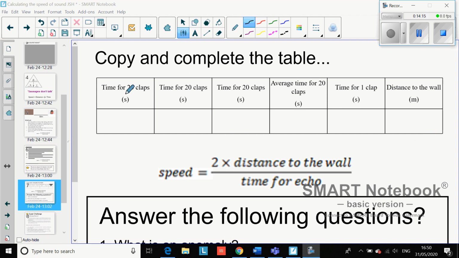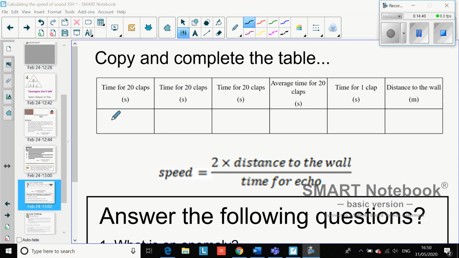So what you do is you do your 20 claps standing back from your wall, and you time how long it takes. And then you do the same thing again and the same thing again. And the reason we do the same experiment 3 times is because the first time you might be a little out, or the second time you might be a little out. So your third time you do it is an amalgamation of your answers.